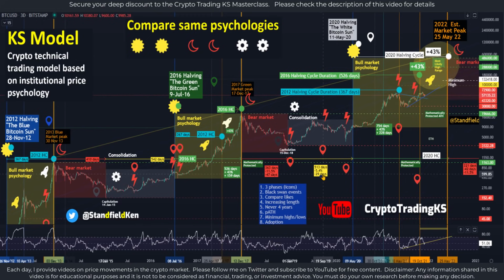It was 513 in the next cycle. That's a 5.4% reduction. What does it mean? The bull market cycles are getting longer. The bear market cycles are getting shorter, as well as the consolidation period. It's absolutely to be expected as the adoption kicks in with crypto, and especially Bitcoin.